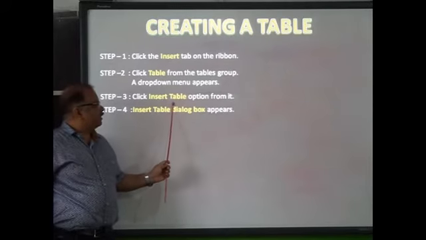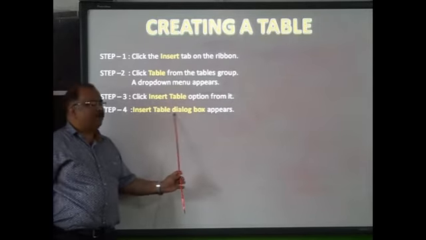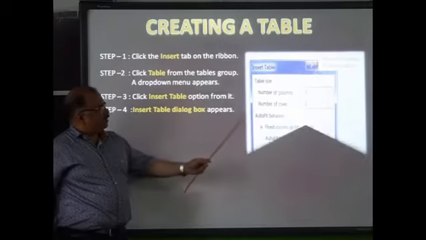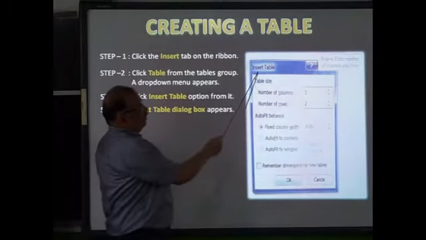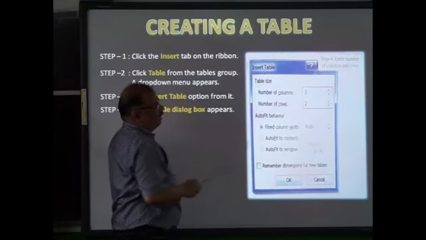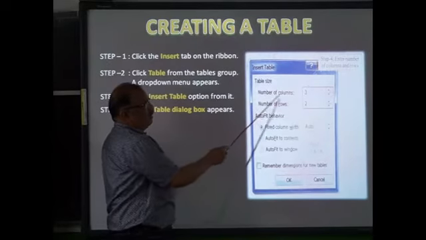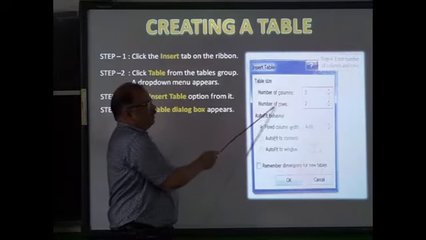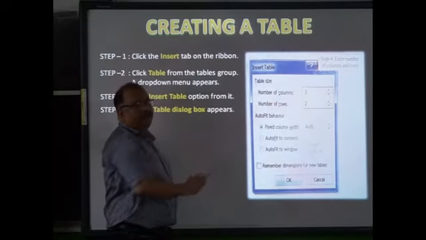Once you click this insert table option, you will find the insert table dialog box. And the box looks like this. Here we have got number of columns and 3 is given. Number of rows 2 is given.